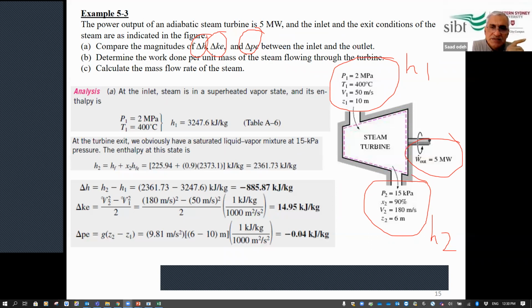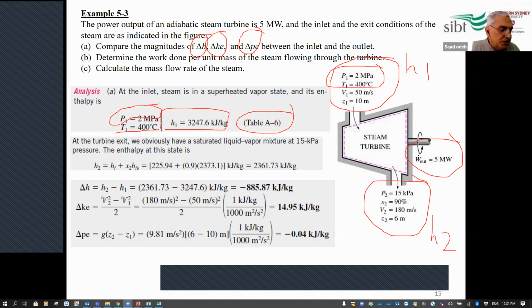If you go to the tables, you will find this steam at this pressure and temperature is in the superheated region. Therefore, we have to use table A6. If you use table A6 and select the 2 megapascal pressure, at this pressure and temperature, you can find the enthalpy H1. So this is the inlet enthalpy.